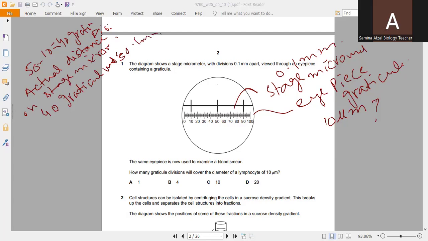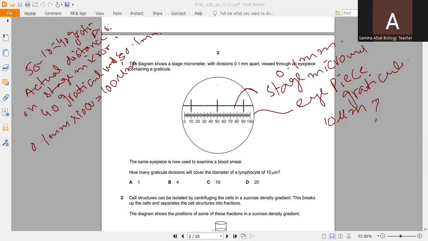We will convert the units into micrometer. For this purpose, we convert 0.1 millimeter into micrometer by multiplying it by 1000, so it becomes 100 micrometer.